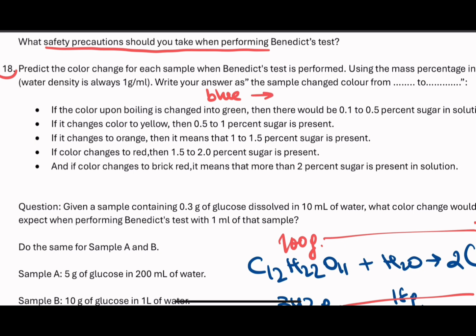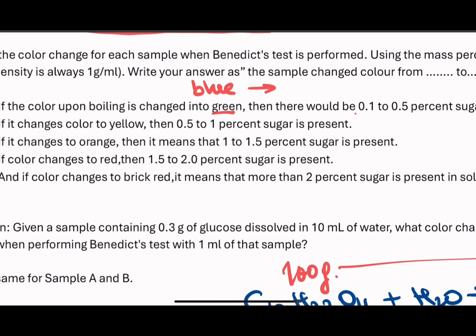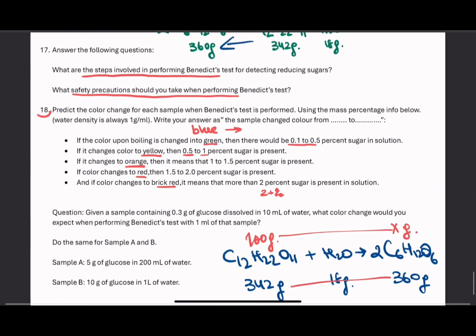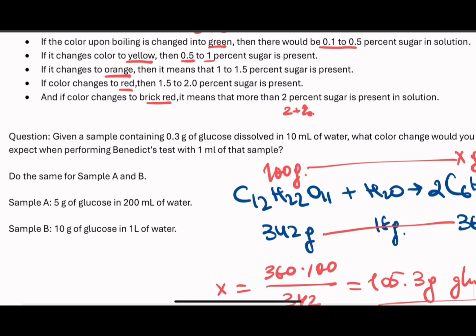So we have in here green color, which is 0.1 to 0.5 percentage by mass of glucose. Over here we have 0.15 to 1, which is yellow. We have orange, red, and brick red. So this is 2+ percent by mass. Now, in here, let's say we're given a sample that has 0.3 gram glucose dissolved in 10 milliliters of water. Now, we have a solution.